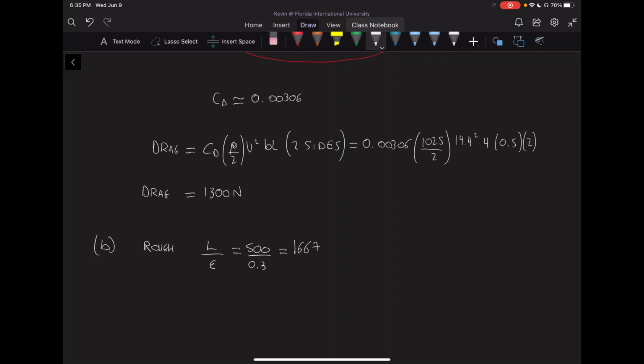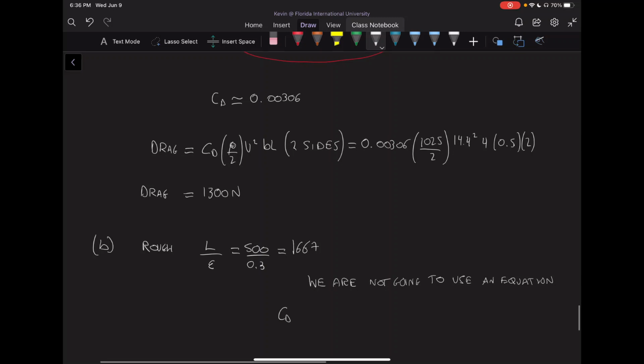We have to follow a curve of our effect of roughness, and our effect of roughness is actually very, very extreme on plates. So here, we are not going to use an equation. We cannot find the coefficient of drag through an equation because we have a rough wall.